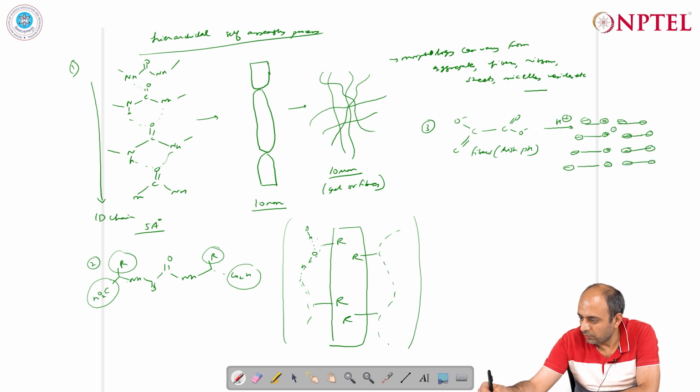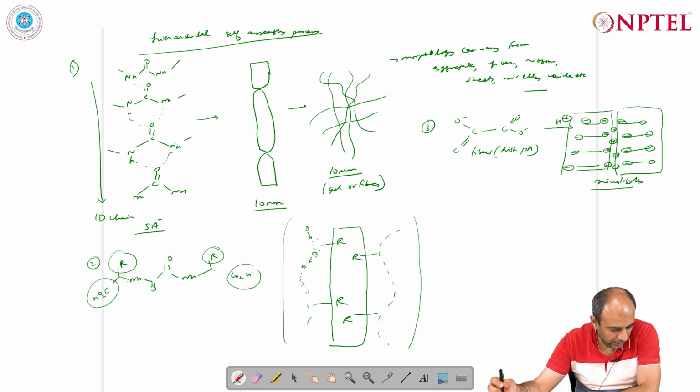And now the protons will go and sit here and they will protonate these carboxylate groups and they will form these kind of microtubules actually, and eventually when you further lower the pH of the solution, that means increase the acidity of the medium, this will form microcrystals, which are the needles.